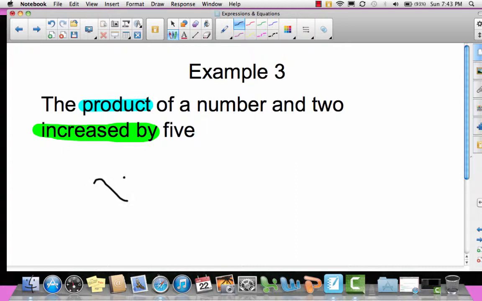And we know from our past experiences with algebra that when I'm showing multiplication, I just put the number and the variable next to each other as neighbors, and the number should always be in the first spot here. And we're now going to increase that by 5. And if I check my table, increased by goes with the operation of addition, and then plus 5. So the sentence, the product of a number and 2 increased by 5, translates to the expression 2x plus 5.